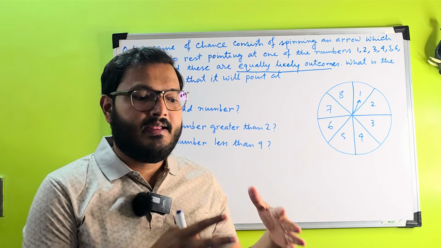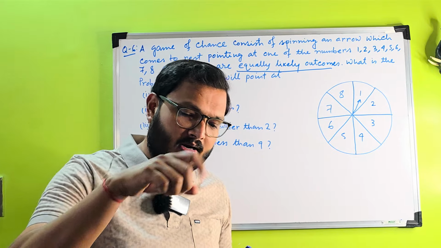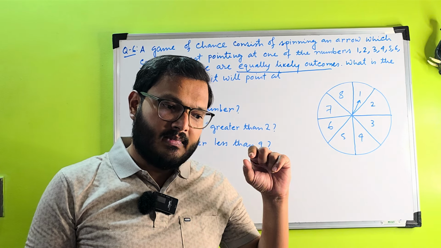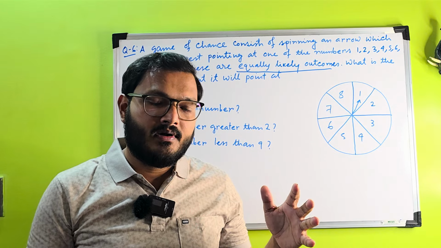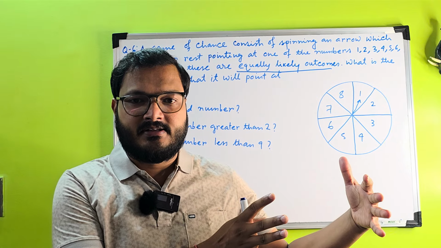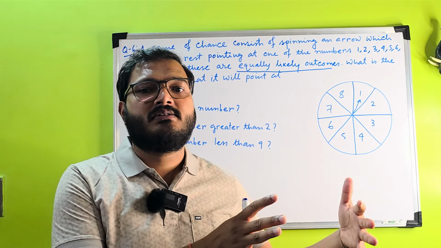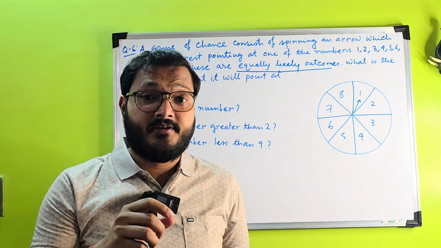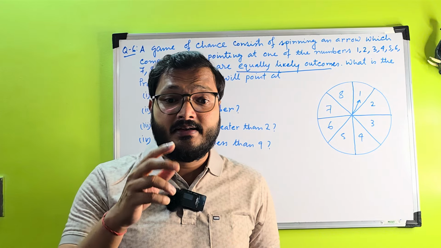Equally likely. If we roll a dice, we can't say that 1 has more chance than 6, or 6 has more chance than 5. If it is just a coin, like in Sholay, have you seen Sholay?